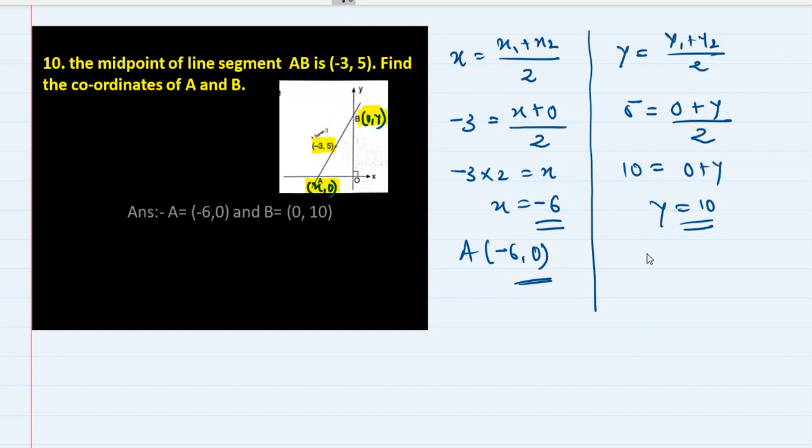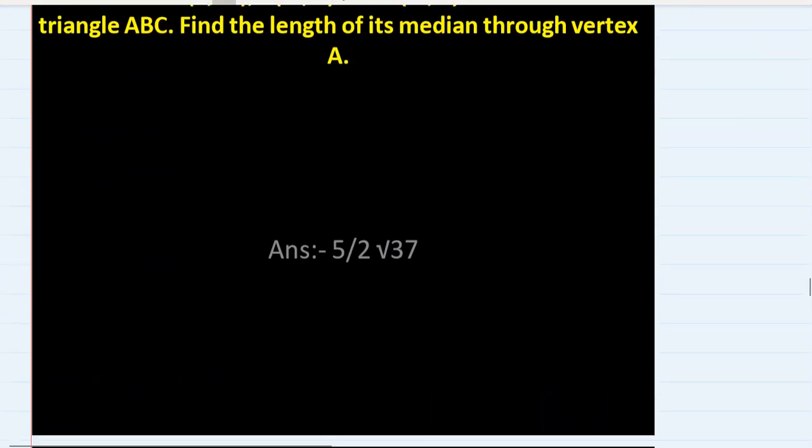And point B becomes 0 comma y. That is 0 comma 10. Okay, point B is 0 comma 10. So point A and B and their coordinates are known now. Very easy. Midpoint formula you apply, you get the answers very easily. When you see the word midpoint, it's an easy question, mostly.